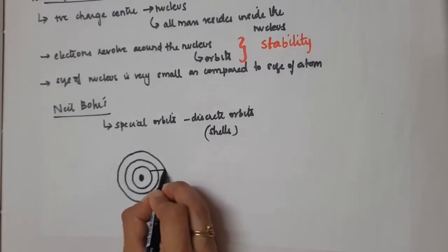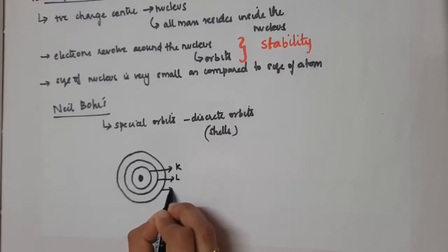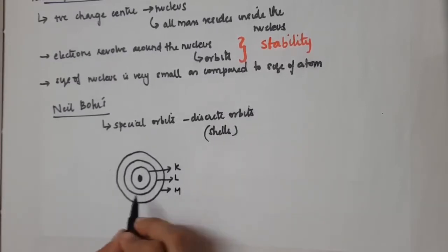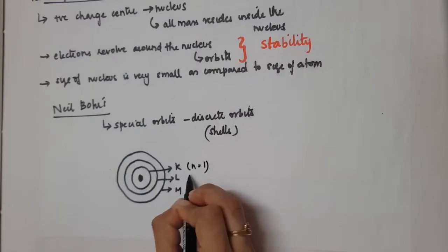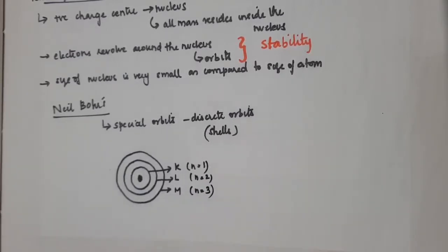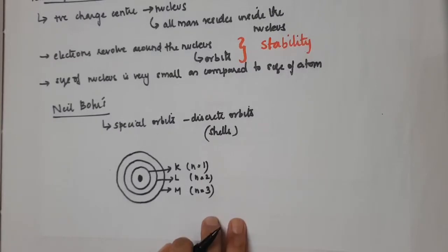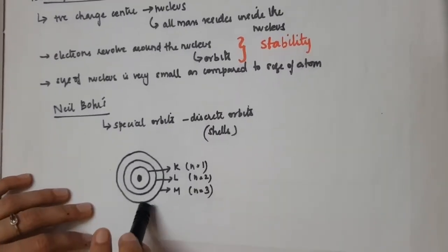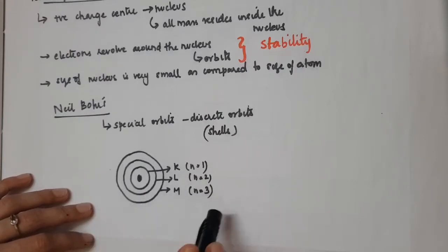If this is K, this is L, this is M, and so on. Or they can also be called N equal to 1, N equal to 2, N equal to 3, and so on. These are the discrete orbits or discrete shells.